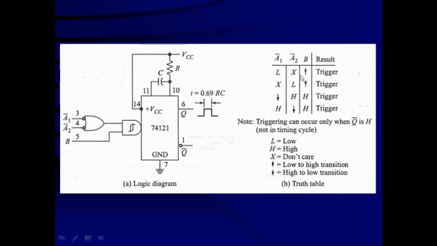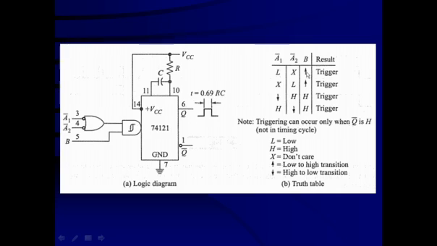Now, to make a positive transition, what is required? To make a positive transition, the transition should be given at the B input, and either A1 bar should be low or A2 bar should be low. When A1 bar is low, the other input A2 bar can be anything, 0 or 1, it makes no difference.